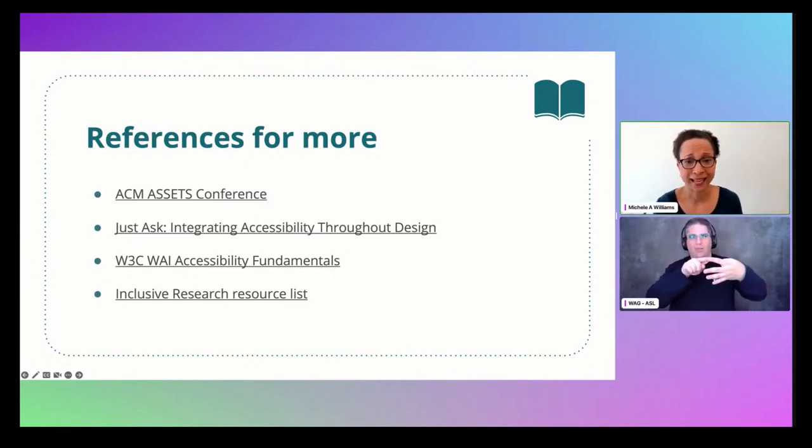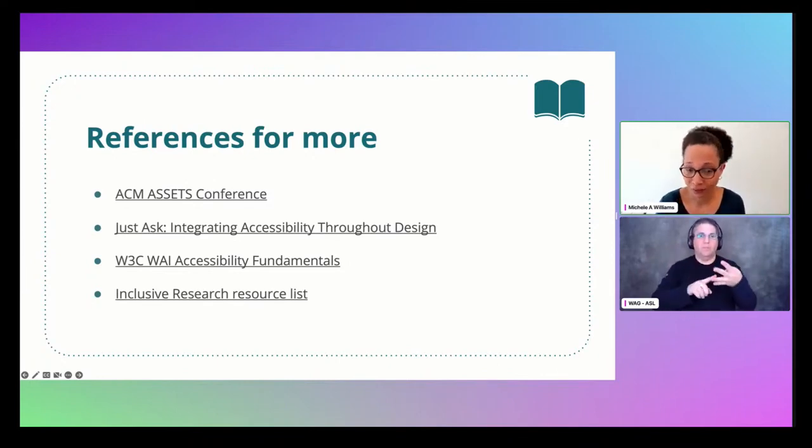Want to call out Just Ask: Integrating Accessibility Throughout Design, a free online resource by a W3C colleague of mine, Sean Henry, that gives those practical tips about facilitating research. The W3C WAI Accessibility Fundamentals has a wealth of resources. I'm now on the Education and Outreach Committee that helps create those resources.